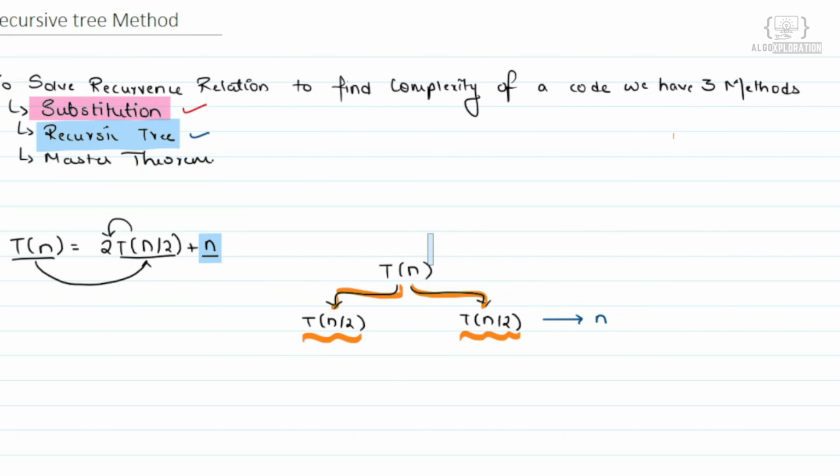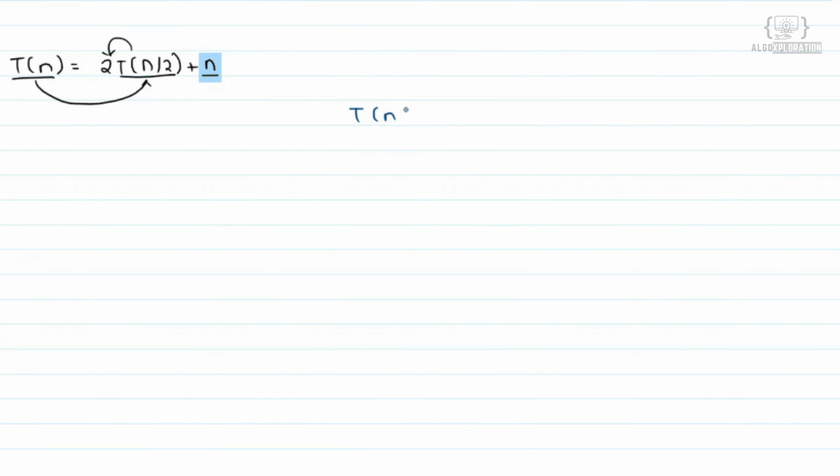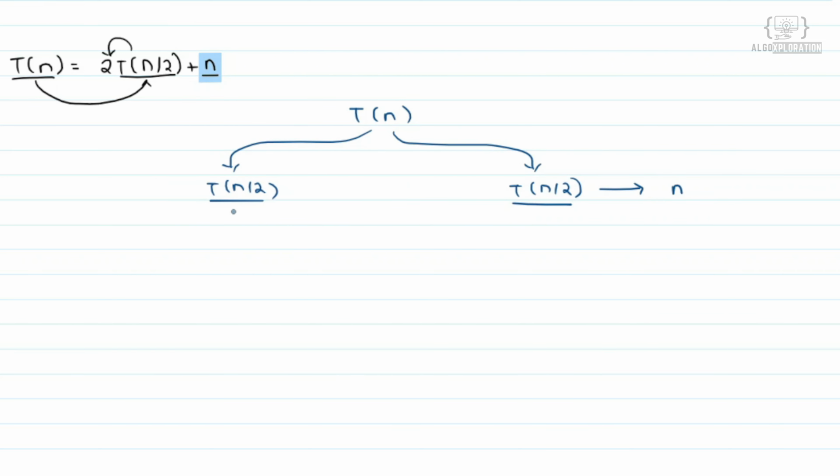Now let's go further. Now T(n) is calling T(n/2). The cost at this level is n, that is combining the return value from this and this. Similarly n/2 will also call T(n/2^2). Why 2 square? Sorry, why n/2 square? Because in place of n we are putting n/2.